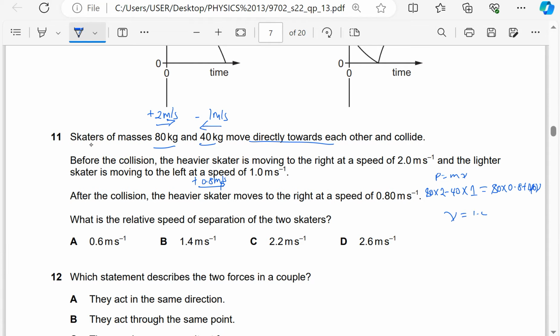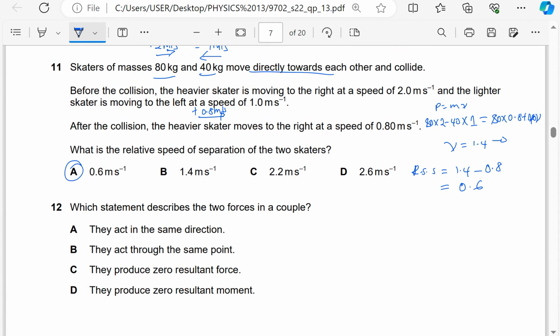So v is 1.4 and it is positive, so it is to the right-hand side. Now for the relative speed of separation, I will subtract 1.4 minus 0.8, which is equal to 0.6, which makes the answer A.